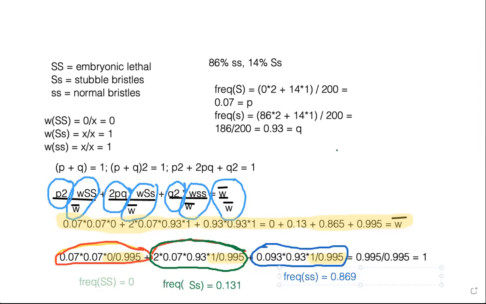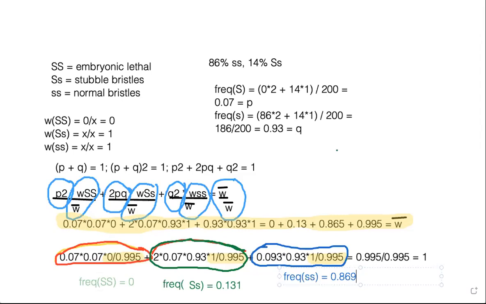After one round of selection, our frequency of big S flies is still going to be 0. Our frequency of stubble bristled flies is going to be 0.131, or 13.1%. So it's going to go down, but it will go down less than it would have if those big S flies were capable of surviving.